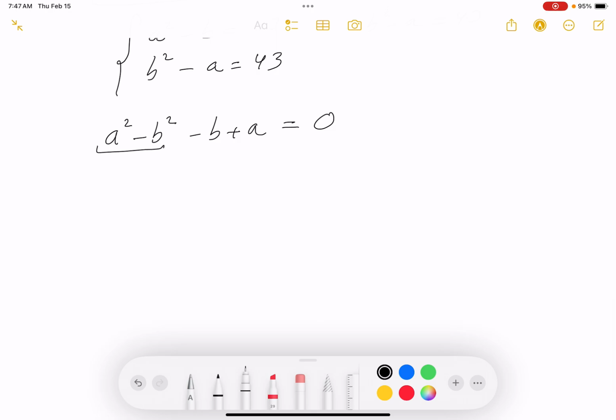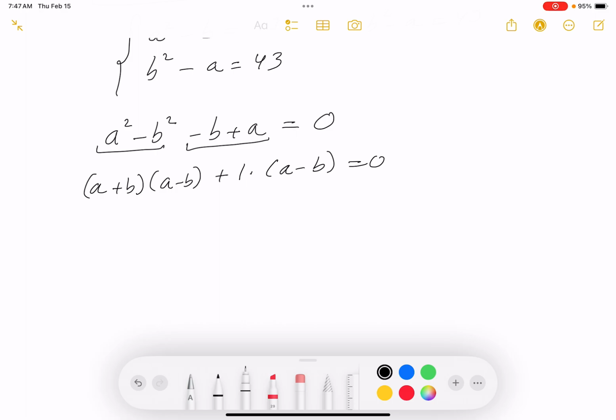I factor by grouping. So the first two terms, A squared minus B squared, factor to A plus B, A minus B. And the next two terms, which is going to be minus B plus A, I could factor as plus 1 times A minus B, and that equals 0, right?